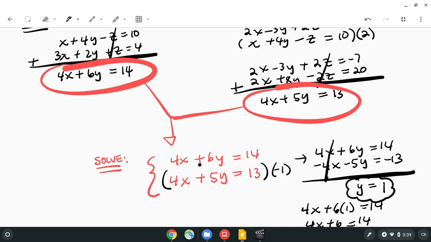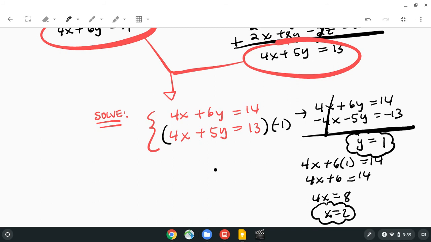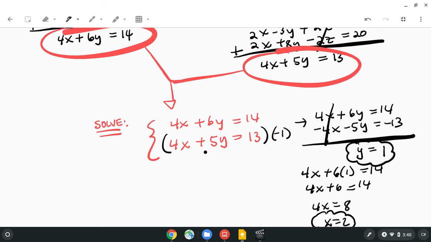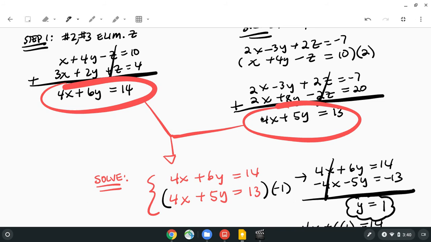And we know how to solve this from the previous section. Solving this system, we found x equals 2, y equals 1. Okay, so this part right here should be familiar. How we get this is from the first two steps.